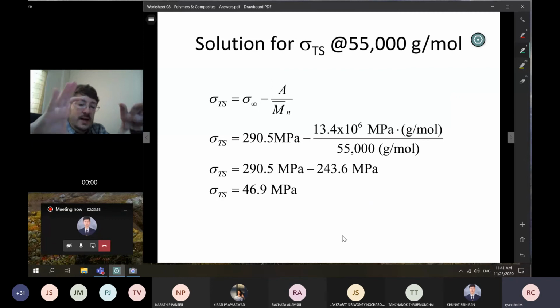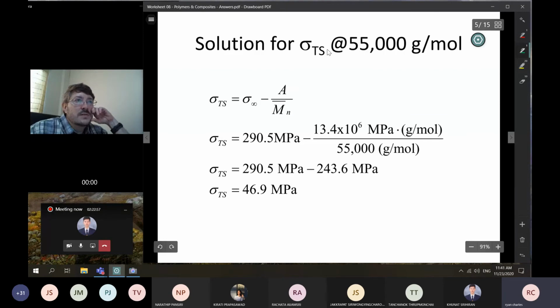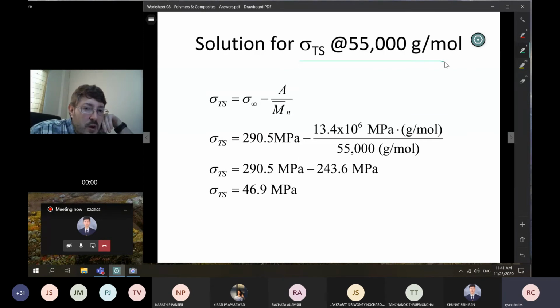Right? But often at the extreme ends of data sets, what is reality? What is happening? That's hard to comprehend a lot of the time. But we work in the middle. We don't go to the extremes in everyday use. So now solve for tensile strength at 55,000 grams per mole.